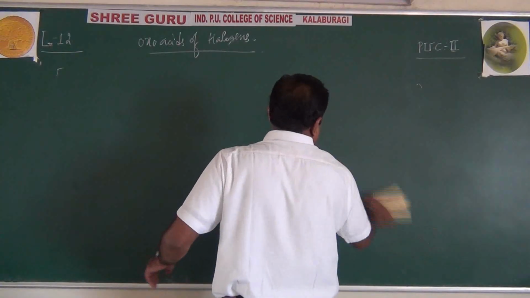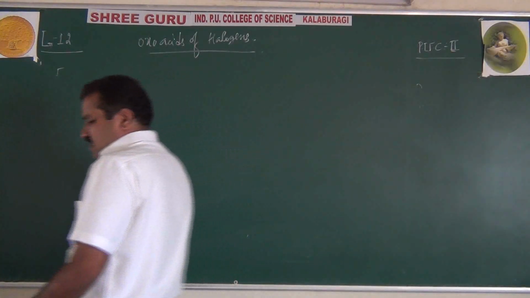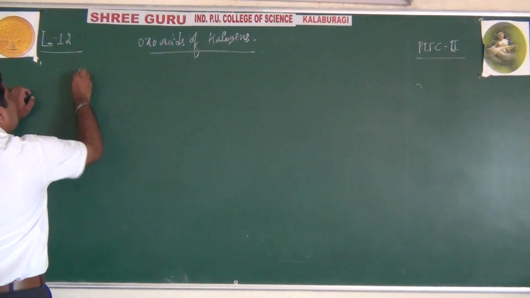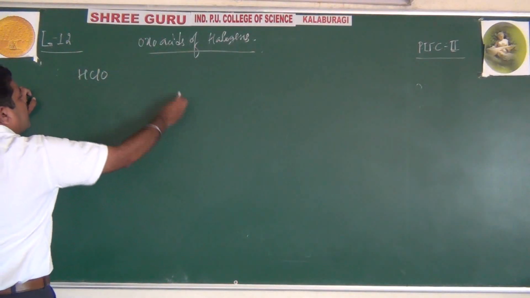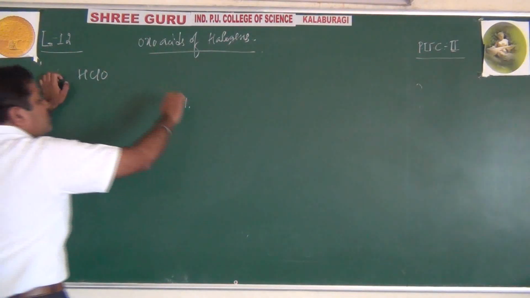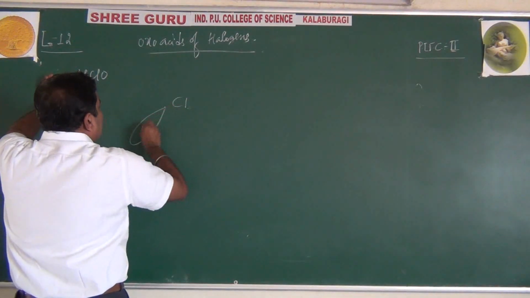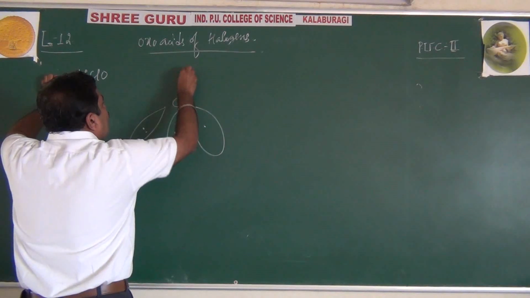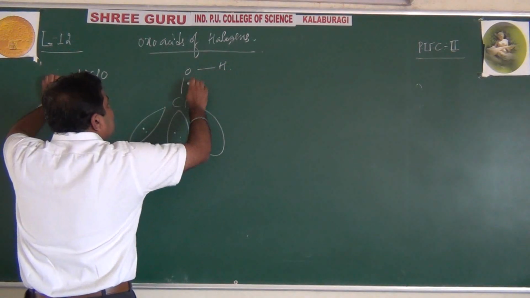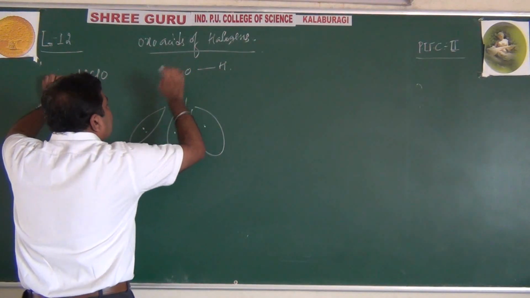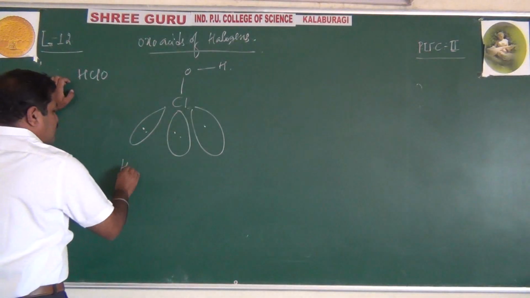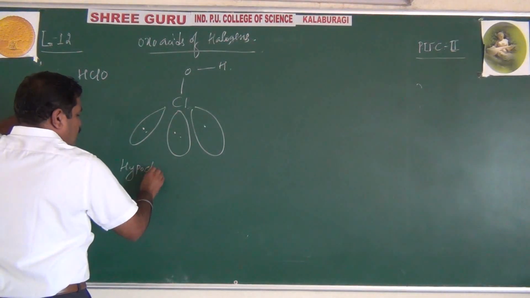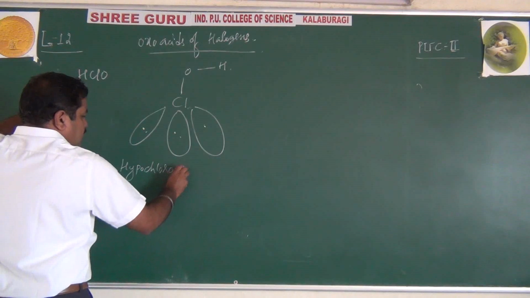Important structures of oxo acids of chlorine. Hypochlorous acid, HClO, can be written as, just see, chlorine having 3 lone pairs, right? O and H, HClO. Got it? This is hypochlorous acid.